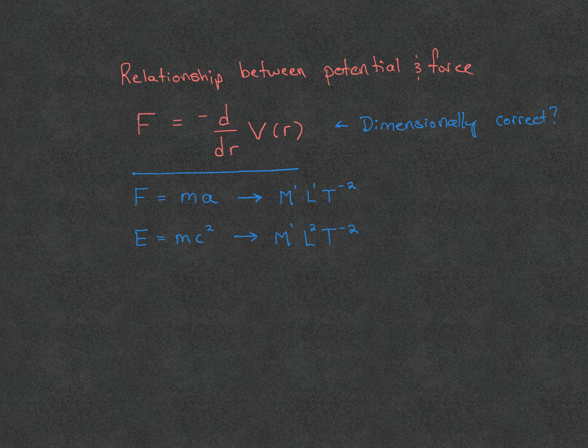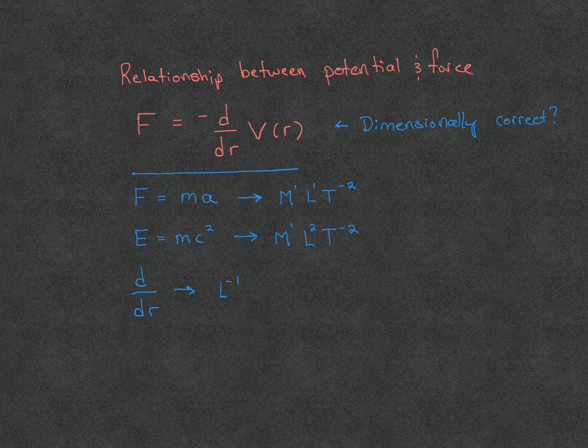It turns out that in dr, the numerator does not carry with it any particular dimensions. The denominator has dimensions of length, okay? And so the dimensionality of this derivative operator is length to the minus 1, right?